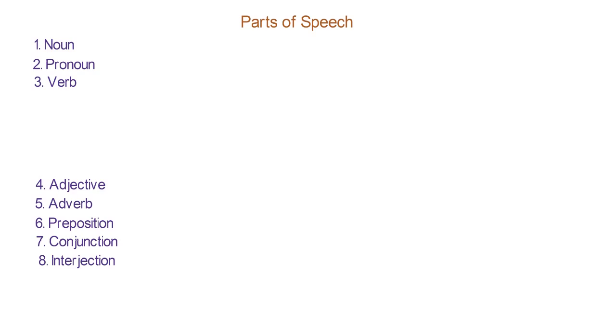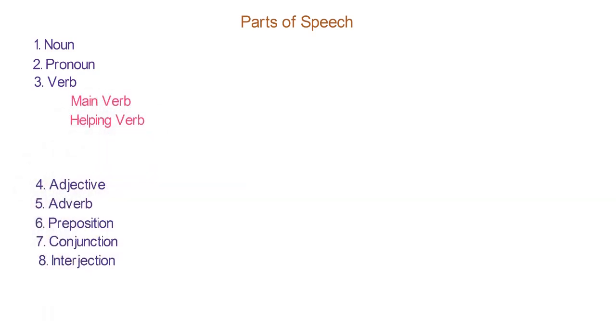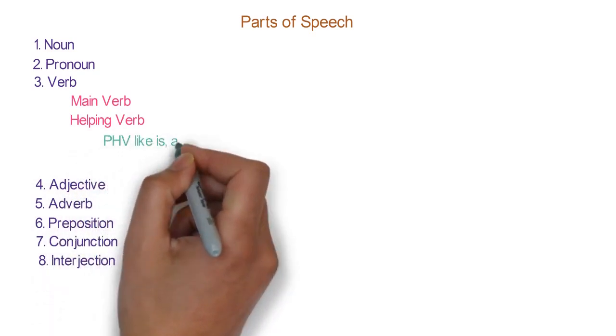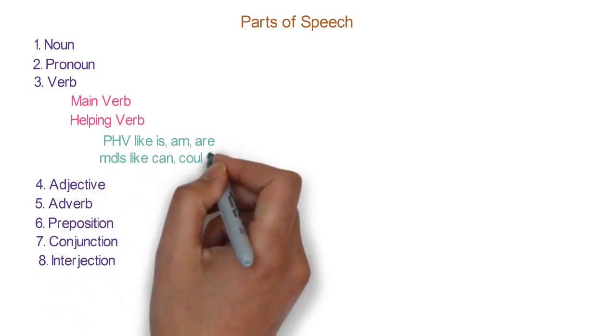Now, suppose we want to understand subpoints and sub-subpoints. Then let's take the example of verb. Verbs are divided mainly into 2 parts, main verb and helping verb. Helping verbs are again divided into 2 parts. Number 1, primary helping verb like is, am, are, and number 2, modals like can, could.